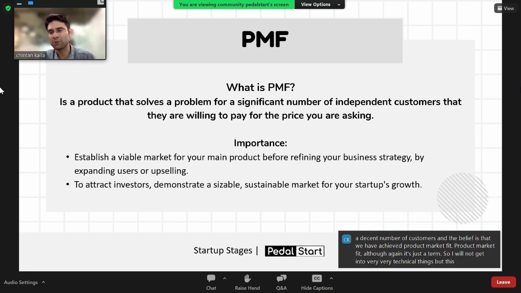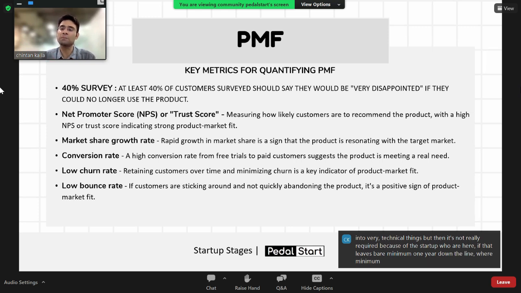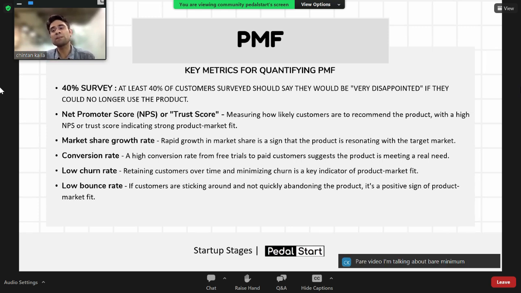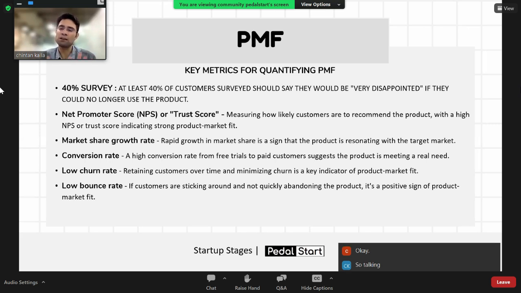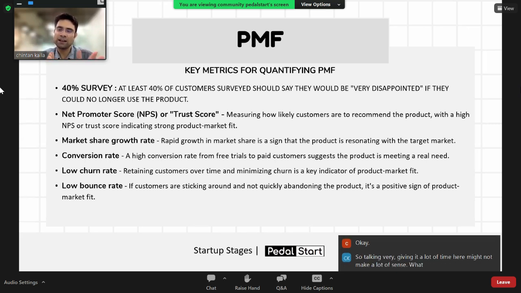It's not really required because PMF for most startups is at minimum 1 year down the line. For a lot of them, it is 3-4 years down the line. So giving it a lot of time here might not make a lot of sense. But why I'm giving a certain amount of time is probably because it is a misunderstanding.